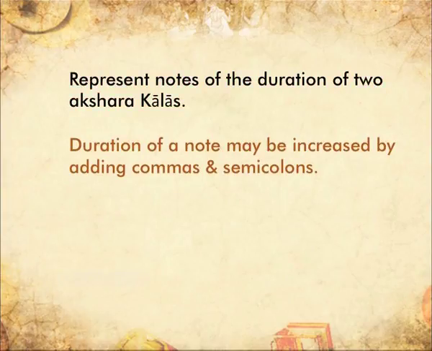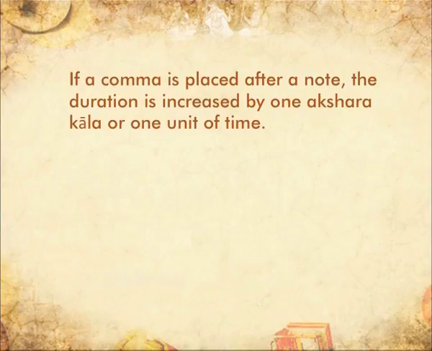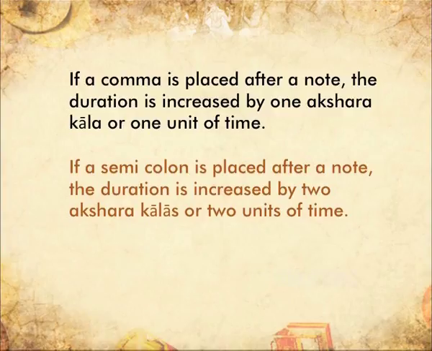The duration of a note may be increased by adding commas or semicolons. If a comma is placed after a note, the duration is increased by one aksharakala or one unit of time. If a semicolon is placed after a note, the duration is increased by two aksharakalas or 2 units of time.